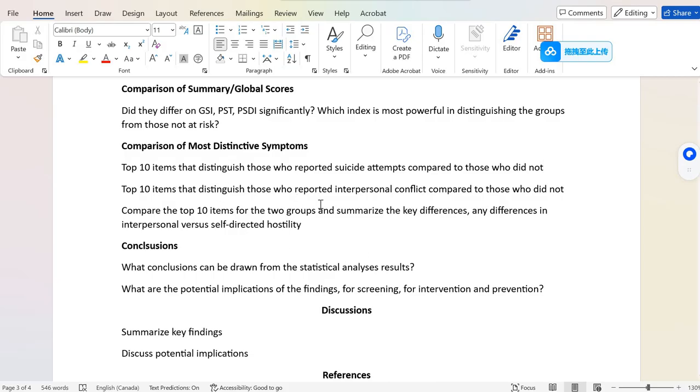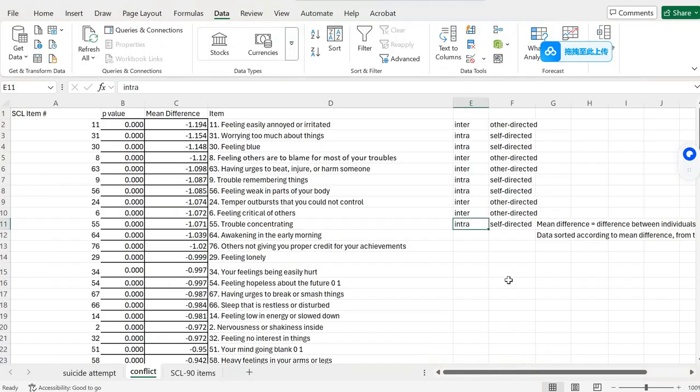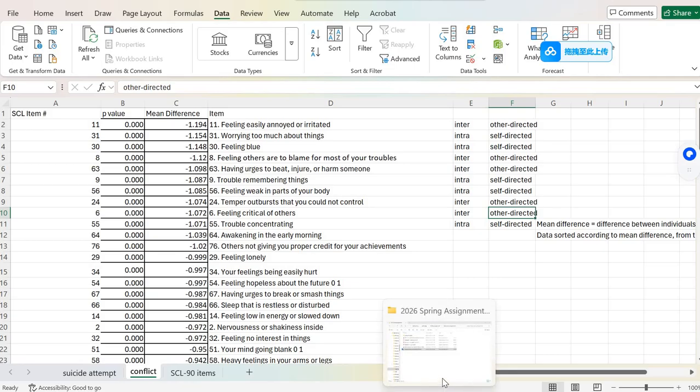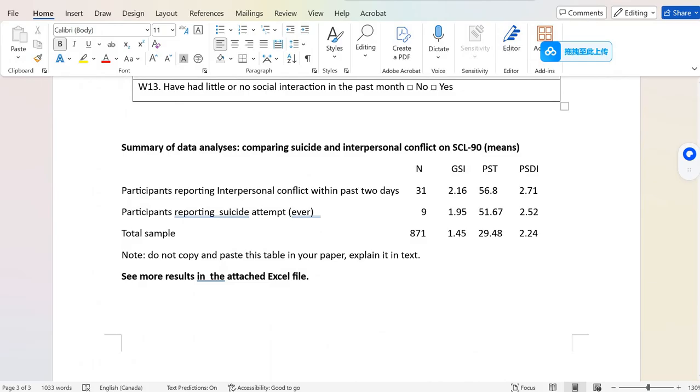However, on the top 10 items that distinguish those who report interpersonal conflict compared to those who did not, there's a combination of interpersonal and intrapersonal hostility. Half the items on the top 10 can be characterized as intrapersonal or self-directed. The other half may be characterized as interpersonal or other-directed hostility or distress. You can list them.